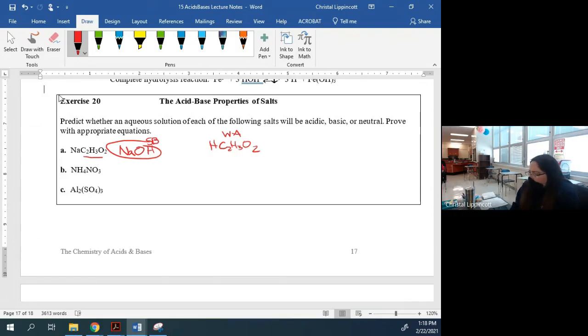Okay. So when I form this, what's left over? Well, that's going to leave over this. Okay. So what will that cause the water to become? Basic. Okay. So that's going to be a basic salt. That makes sense?